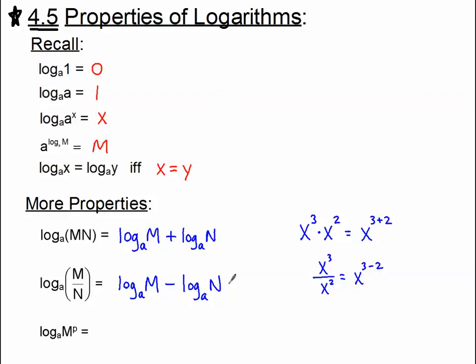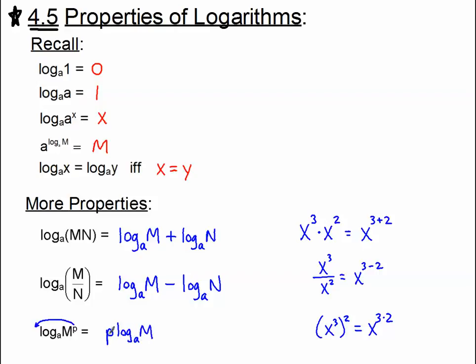And in our final log property, we have the log base A of m to the p. So I like to think of that when we have something like x cubed and we raise it to yet another power. That's the instance where we multiply our exponents. 3 times 2. So when we have m raised to the p power, we can bring that exponent out here and multiply it times the log base A of m.